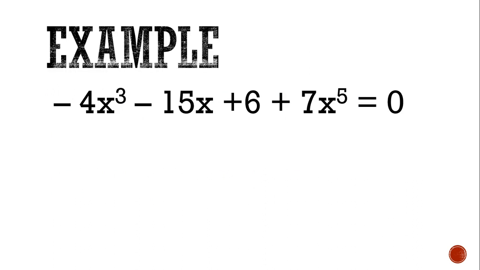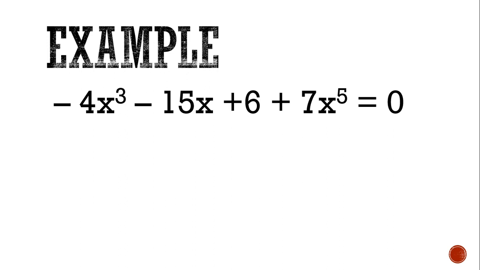For example, this polynomial equation, negative 4x cubed minus 15x plus 6 plus 7x raised to 5 is equal to 0, is not yet arranged in standard form. These terms will now be arranged in descending order of degree.